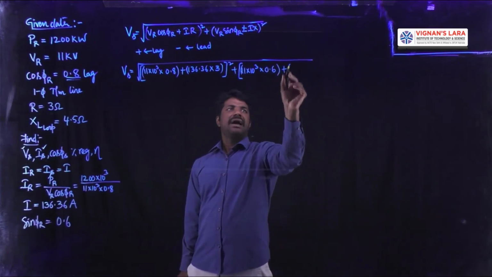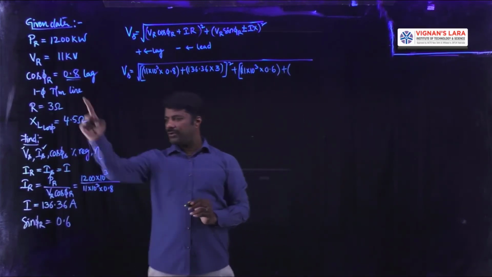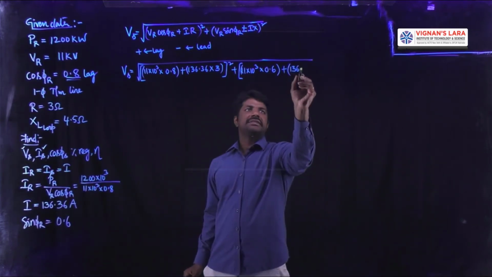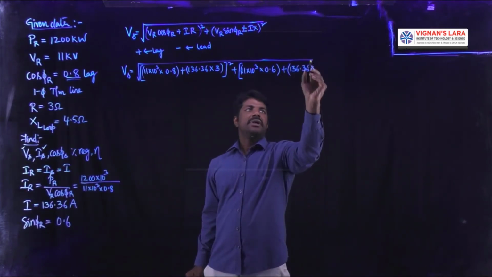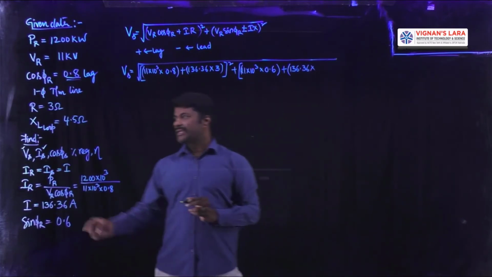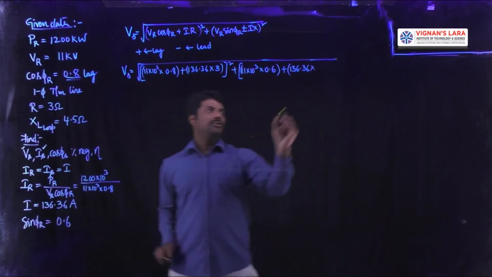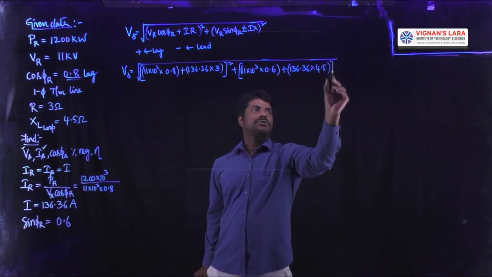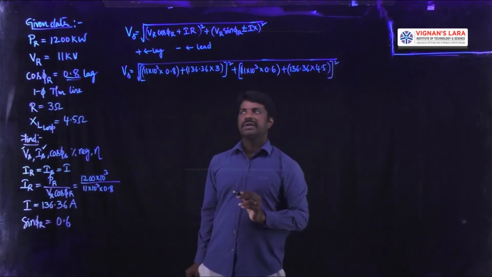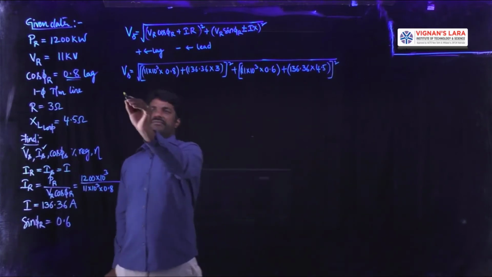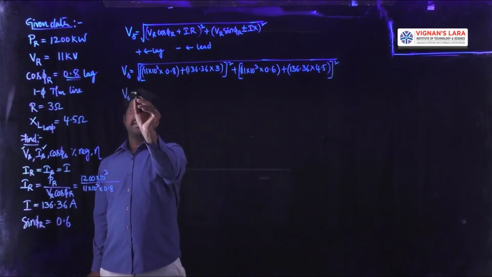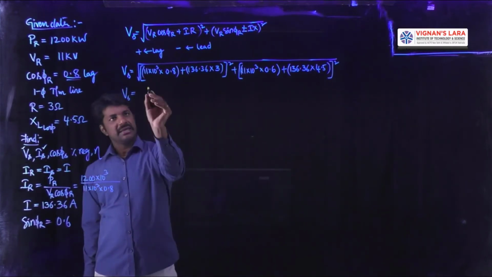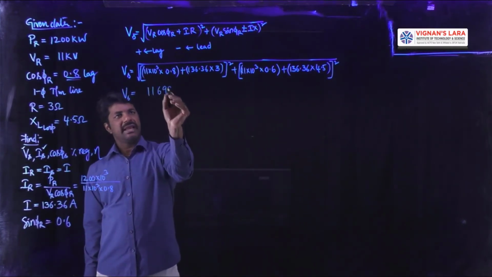Plus I into X, where I is 136.36 and the X magnitude is 4.5 ohms. So this is 4.5 ohms, whole square. Substituting in the Vs formula and calculating, you will get the magnitude of Vs as 11,698 volts.